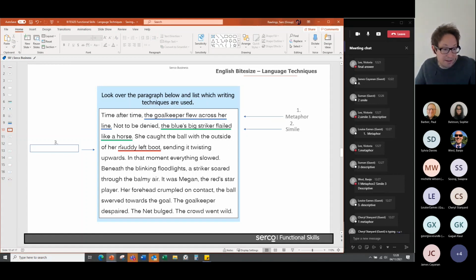So we've got 2 adjectives in there. So number 3 is what we call descriptive language. Good, well done. So there we go. There's 3 examples of language techniques that are used in descriptive texts. And the purpose of those language techniques is to help obviously build an image in the reader's mind.